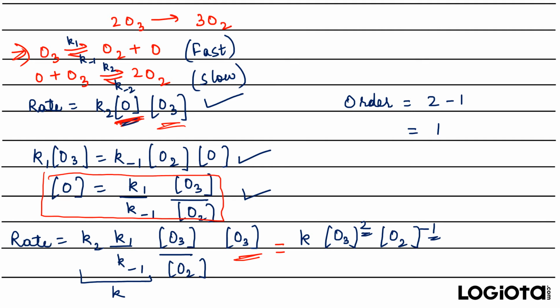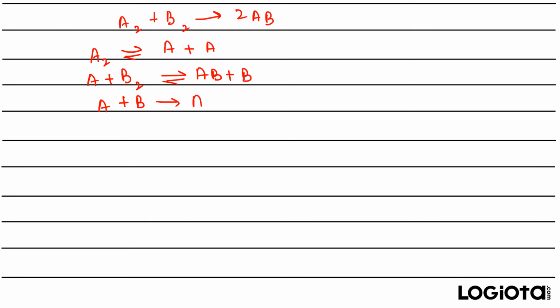Now let's see another complicated example. Now the question is, we need to find the rate law as well as the order for a reaction which is A2 plus B2 giving 2AB, and the mechanism for this reaction is: A2 is in equilibrium with A plus A. Second step is A plus B2 in equilibrium with AB plus B. And the third step is A plus B giving AB.